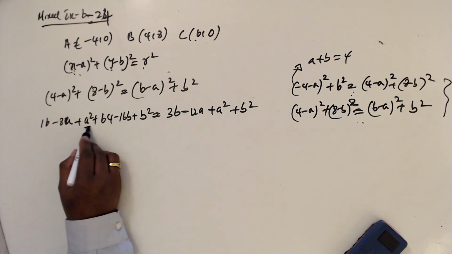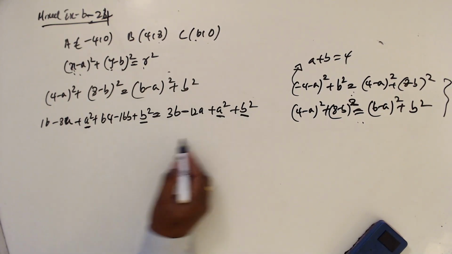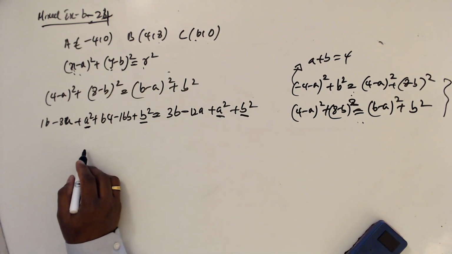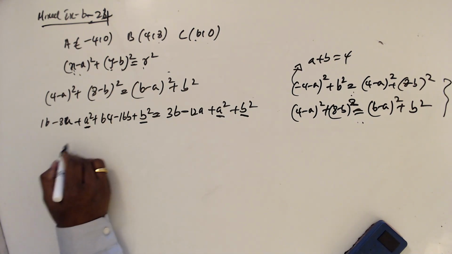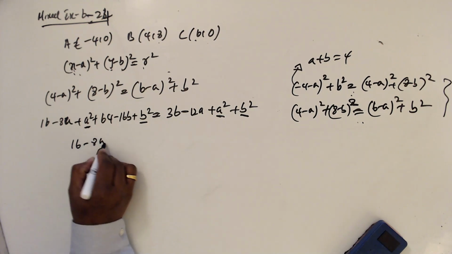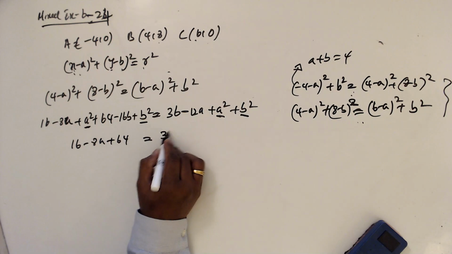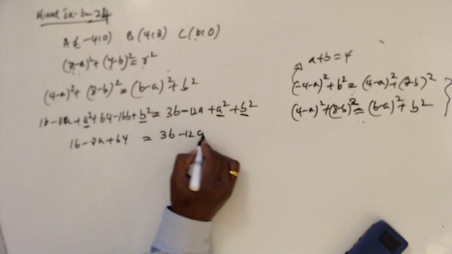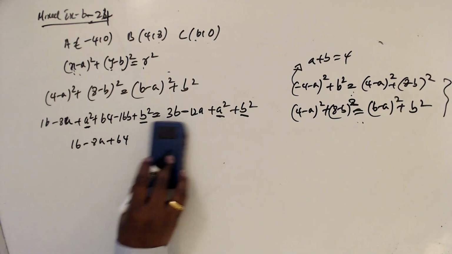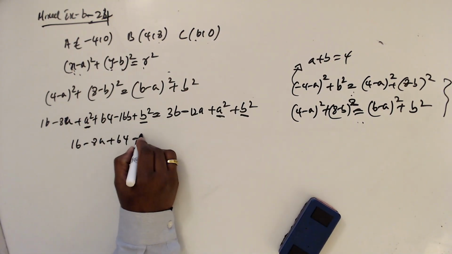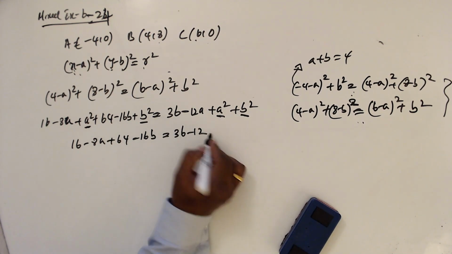Now I can cancel out a², b², b². Any other cancellations? No. So 16 − 8a + 64 − 16b equal 36 − 12a. Alright, one is missing. 80 − 8a − 16b equals 36 − 12a.